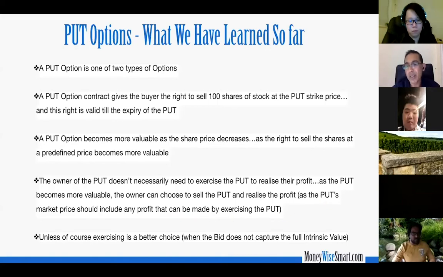Or in other words, the market price should include the intrinsic value of the put, unless, of course, exercising is a better choice. When the bid does not capture the full intrinsic value, like we saw for that $15.10 bid. So that is what we have learned so far.